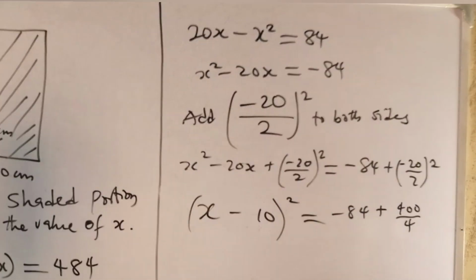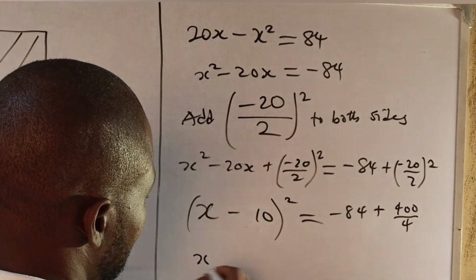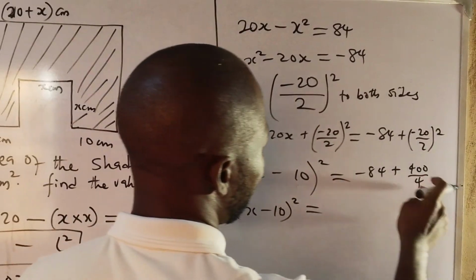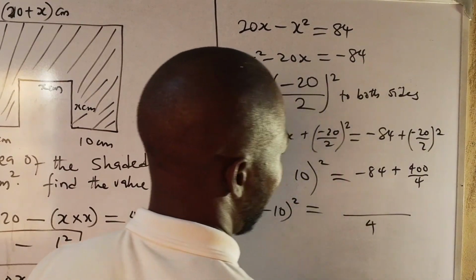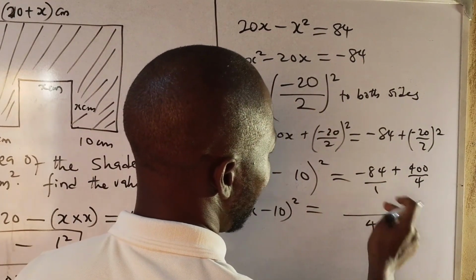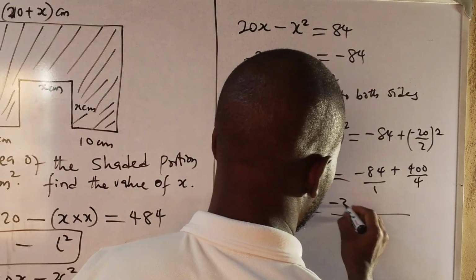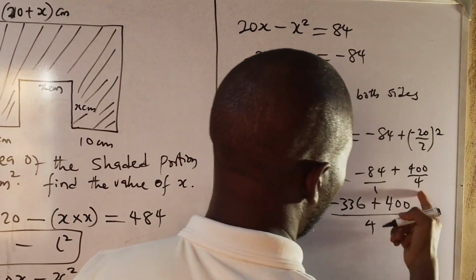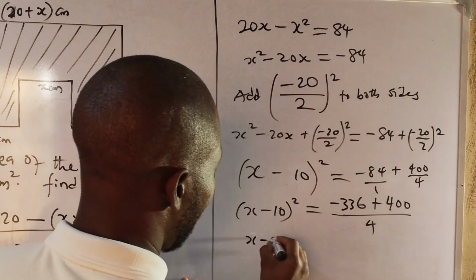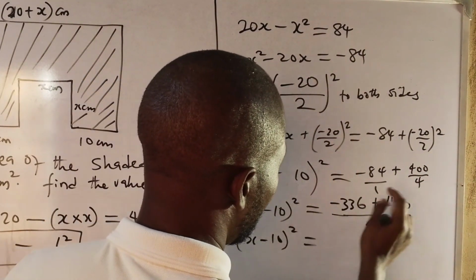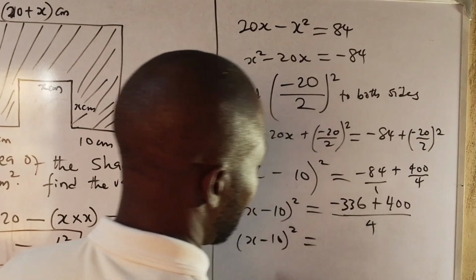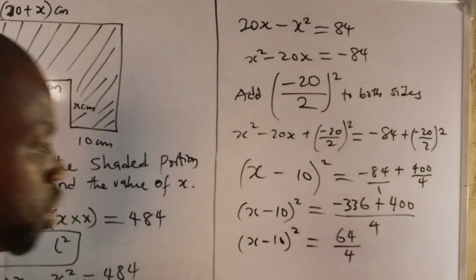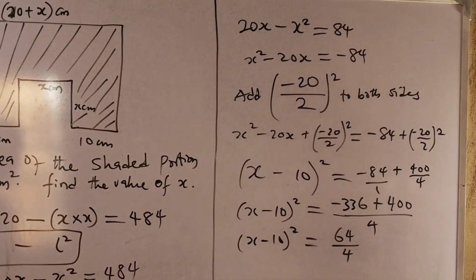Find the LCM, which is 4: 4 times 84, plus 4 times 400 over 4, 1 times 400 is 400. So x minus 10 squared is equal to 400 minus 336, that is 64 over 4.